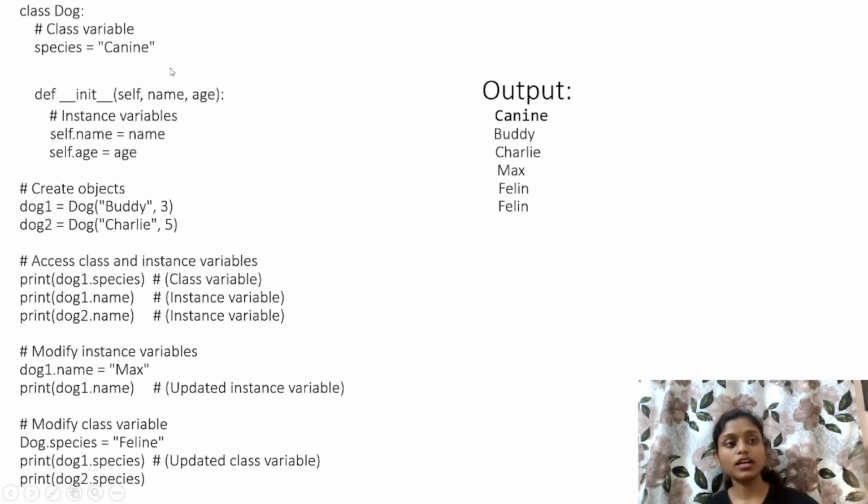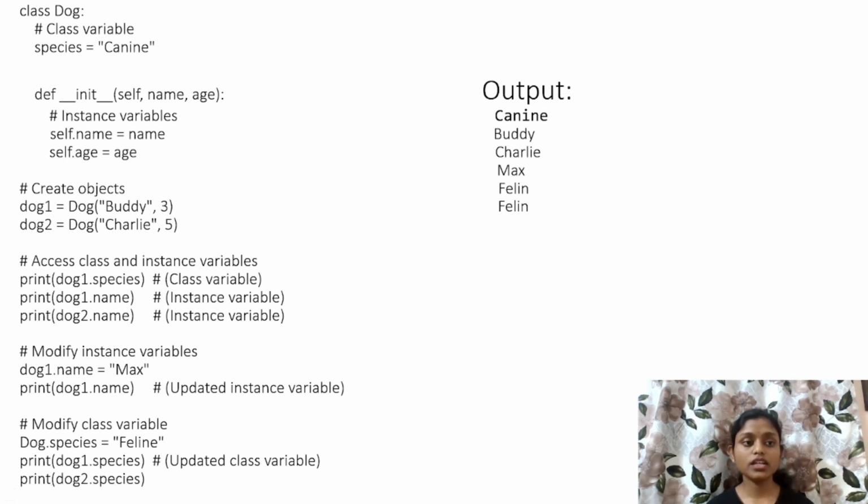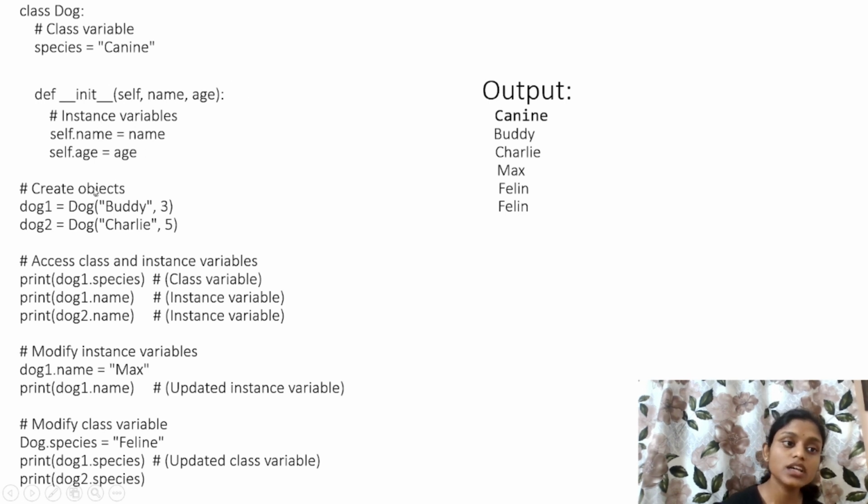If you see here, this is a class variable, which is outside of the method. It is defined at the top of the class, above the methods. A variable defined inside the method or constructor is called an instance variable, and one defined outside the method is called a class variable.